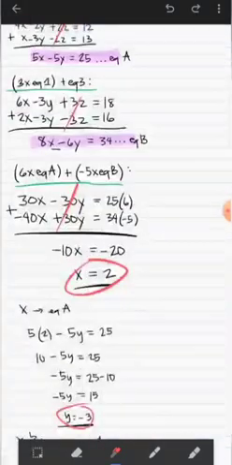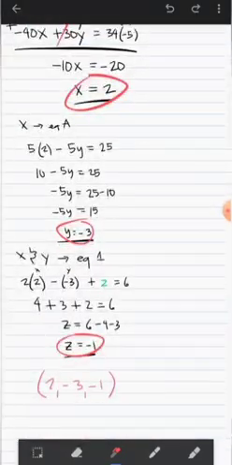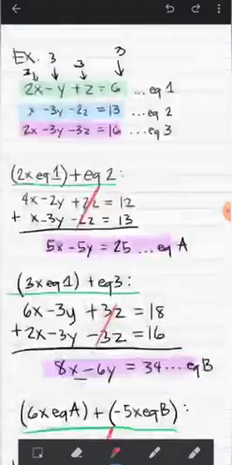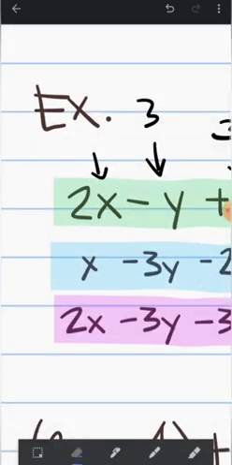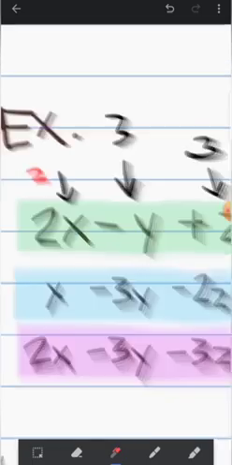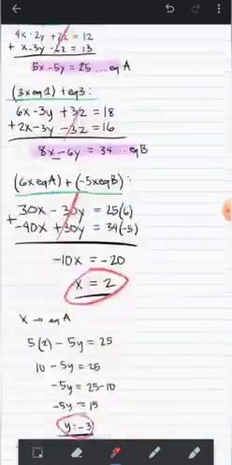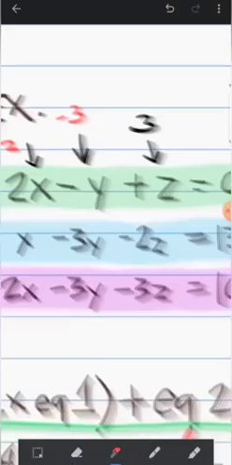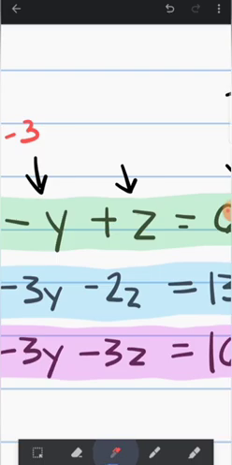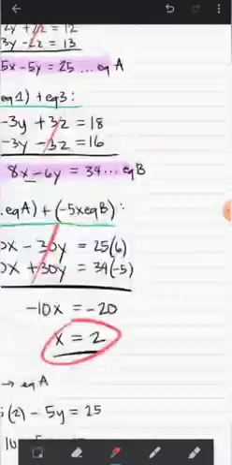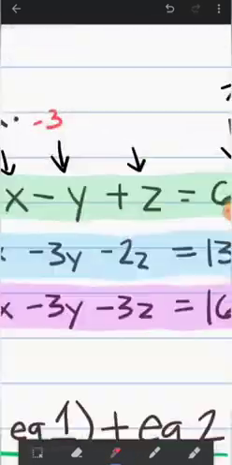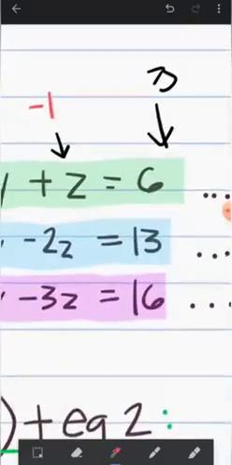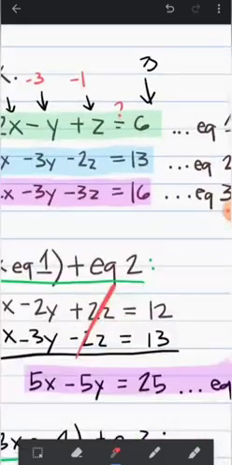And if you want to check whether x, y, and z are correct, just put 2 for x, negative 3 for y, and negative 1 for z, and check if it will indeed equal 6.